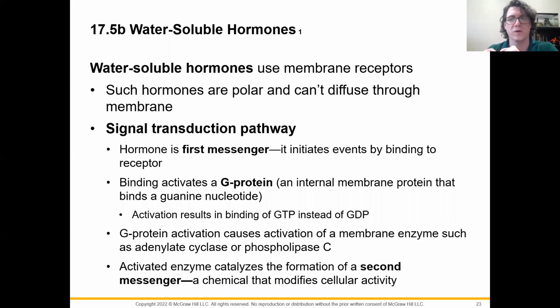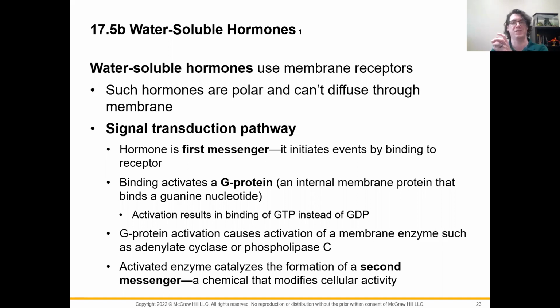What we're going to have here is what's called a signal transduction pathway, where you can think of the hormone as basically being a letter carrier going to a building. The messenger brings the letter to the building, and then the bellhop says, no, you can't really come in here.